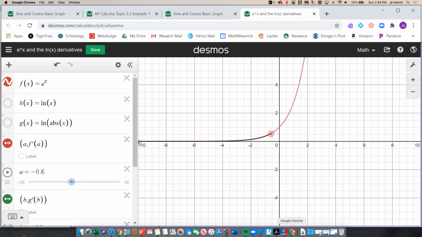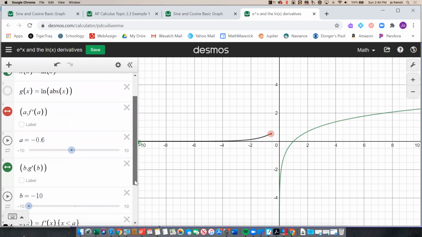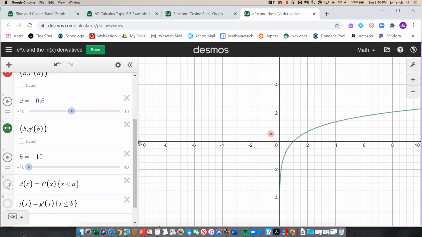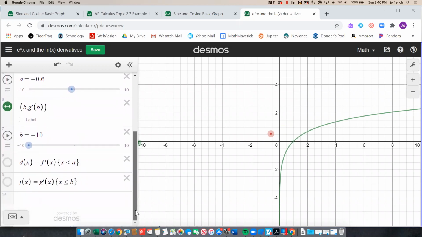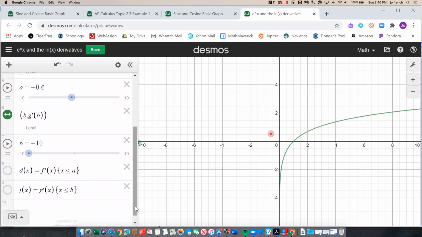If we look at that graph, we're going to turn off our e to the x graphs, and look at the graph of the natural log of x and what happens to that graph.